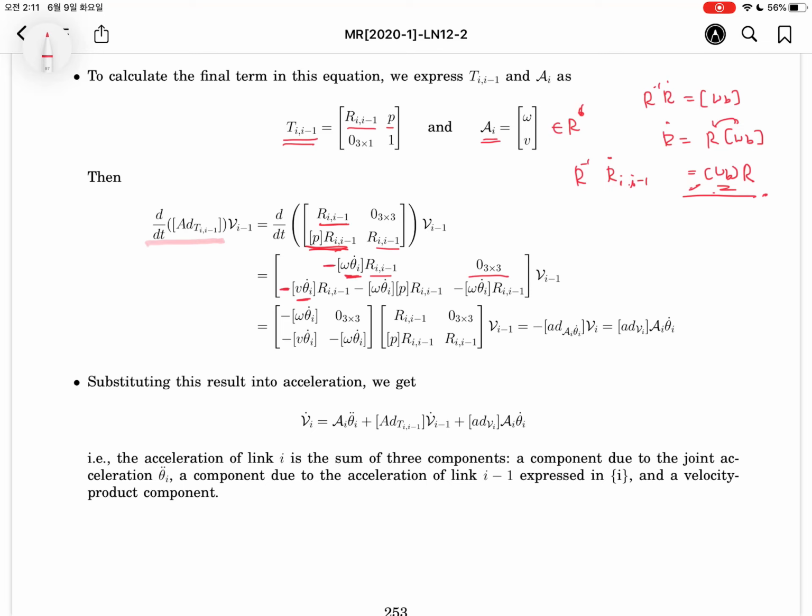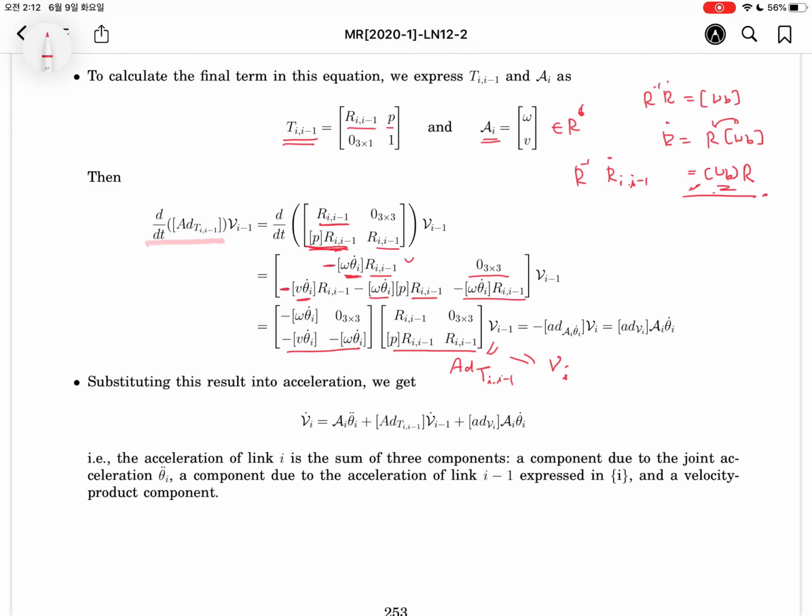And then the R dot shows the same matrix from the block diagonal matrix. This matrix can be decomposed into two big matrices, such as this one and the adjoint T_{i,i-1}.